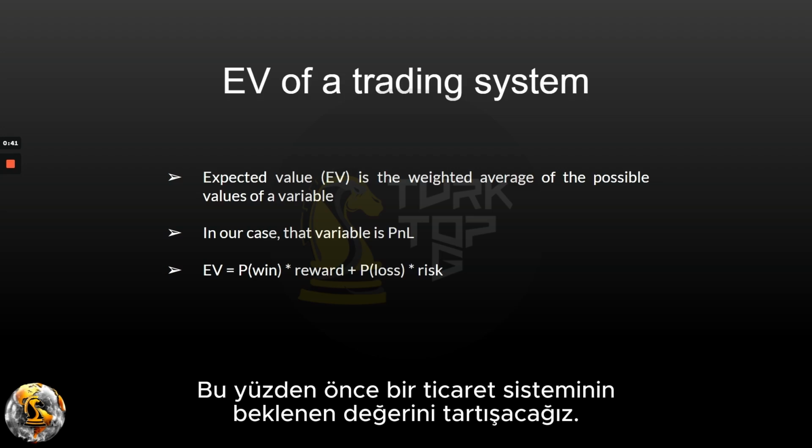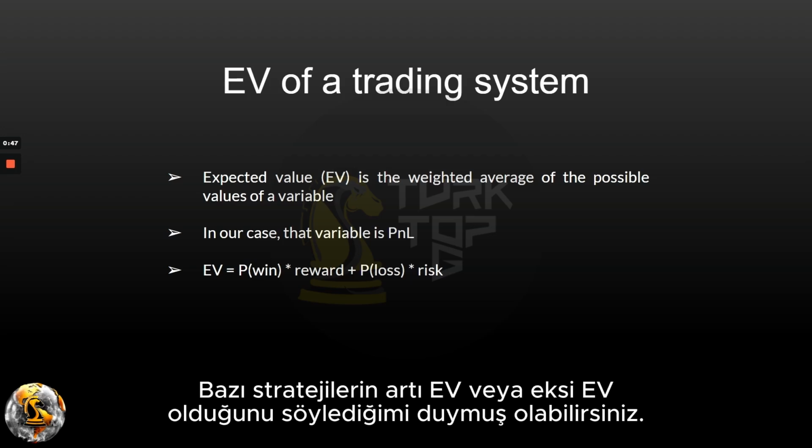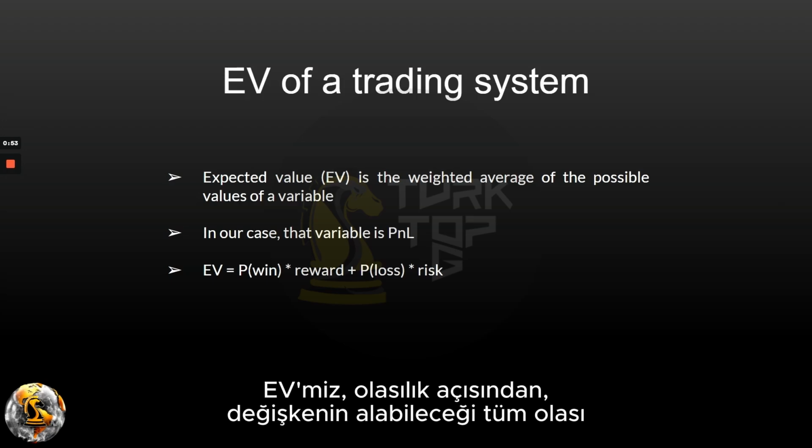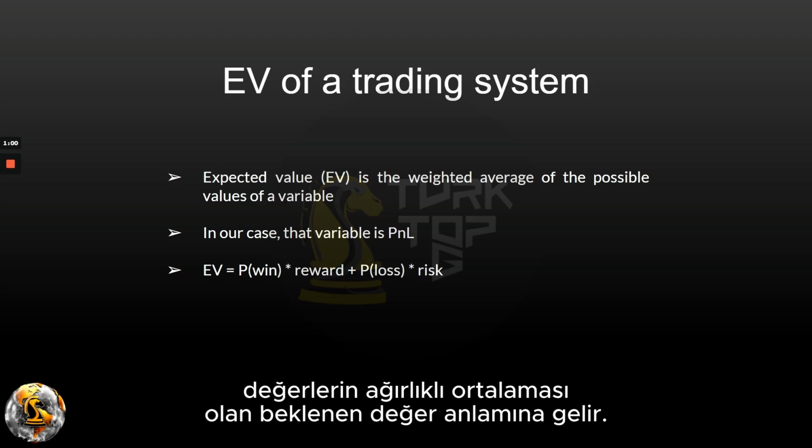So first we will discuss the expected value of a trading system. You guys might have heard me saying that some strategies are plus EV or minus EV. What EV stands for is expected value, which in probability terms is simply the weighted average of all the possible values that a variable can get.